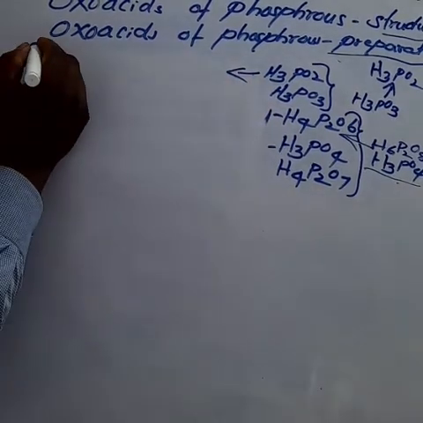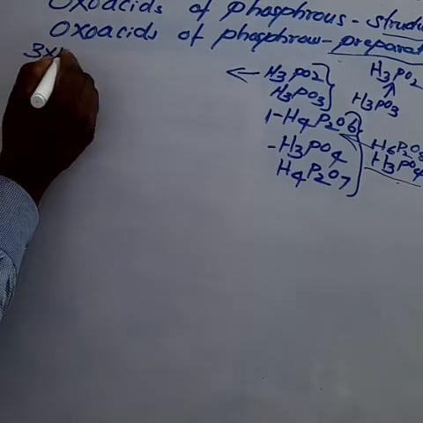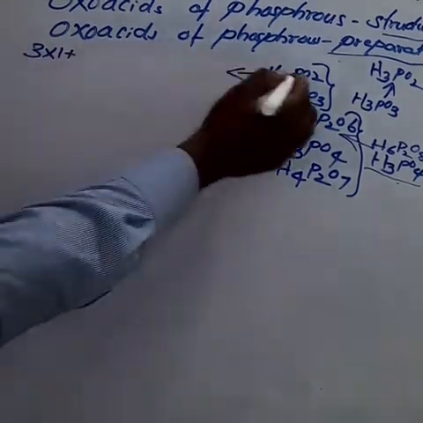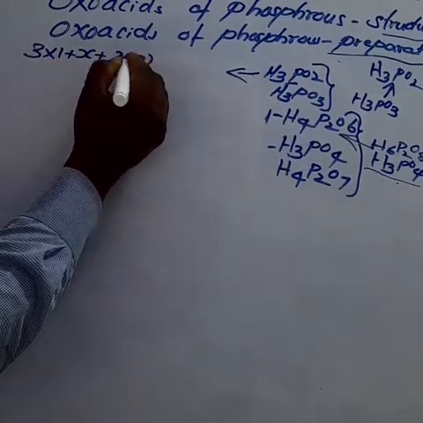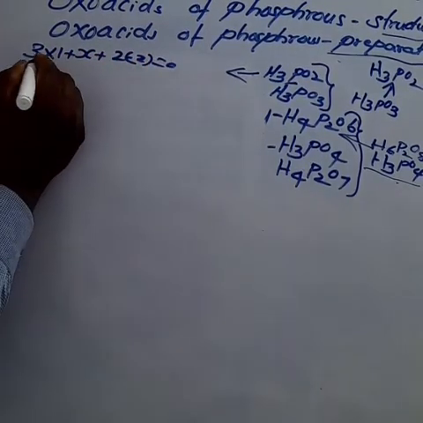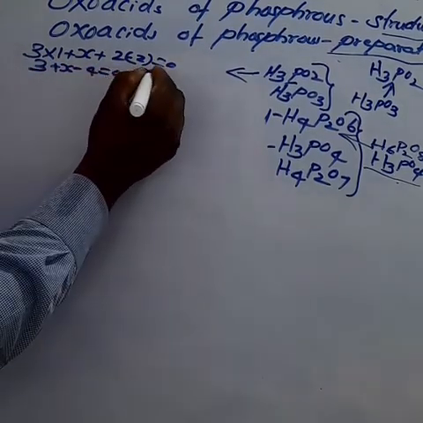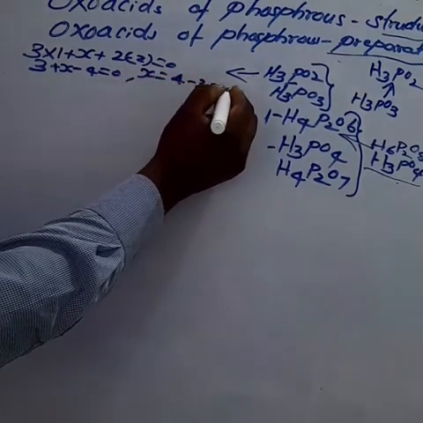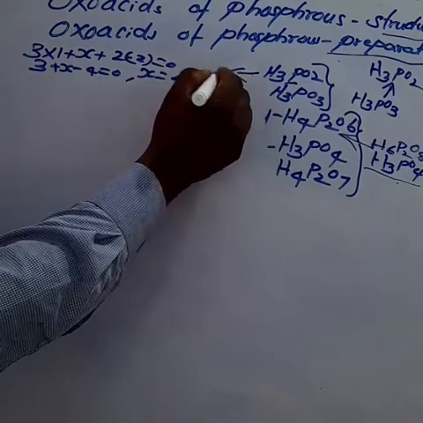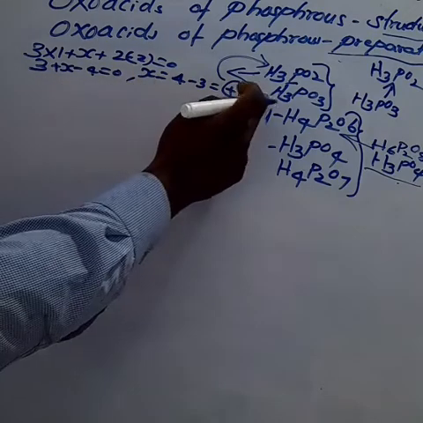So 3 into +1 plus phosphorus taken as X plus 2 into -2 equal to 0. 3 plus X minus 4 is equal to 0. X is equal to 4 minus 3 equal to +1 oxidation state. Can you understand?